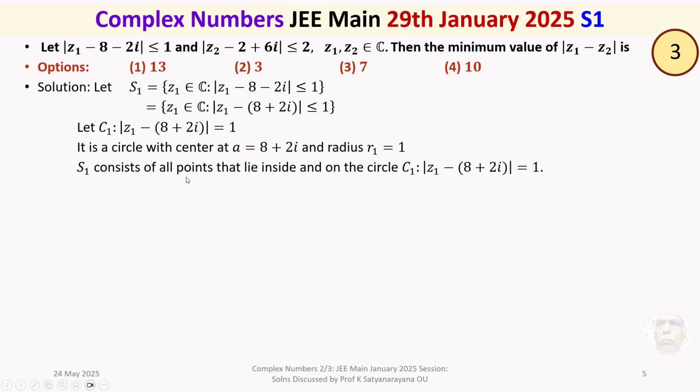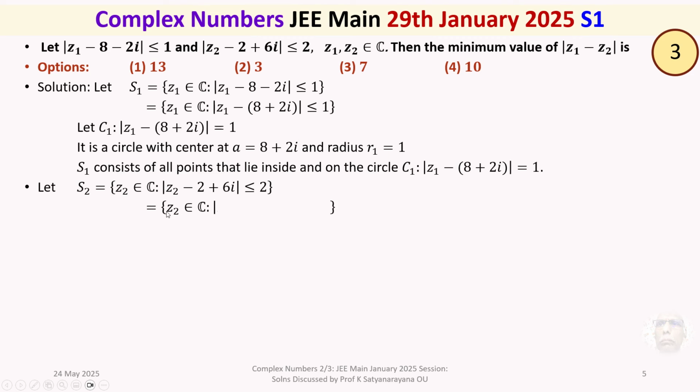So S1 consists of all points that lie inside the circle C1 and points on the circle C1. Now consider S2, the set of all Z2 belongs to C such that modulus of Z2 minus 2 plus 6i is less than or equal to 2.